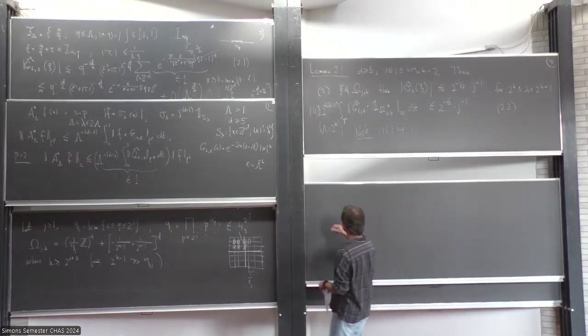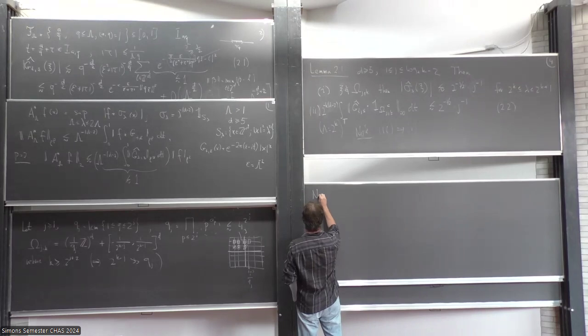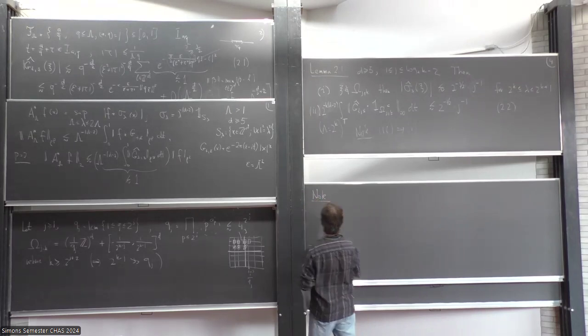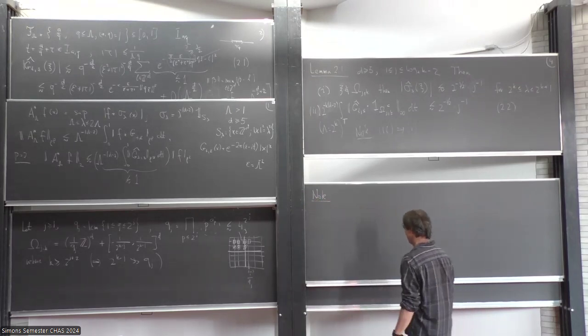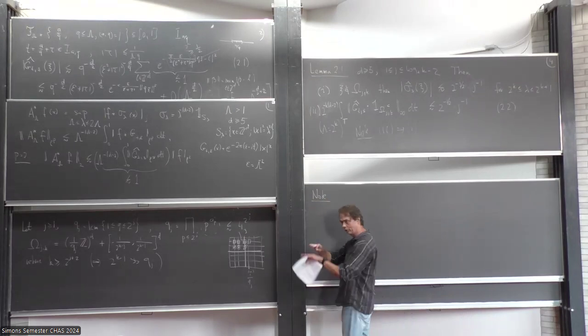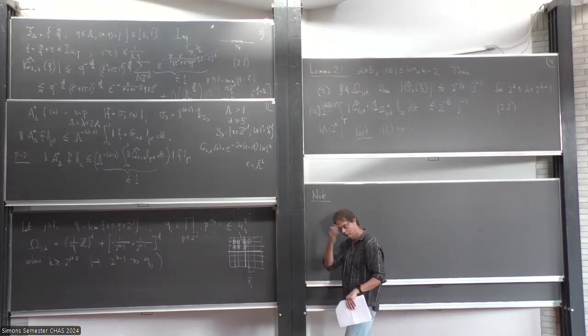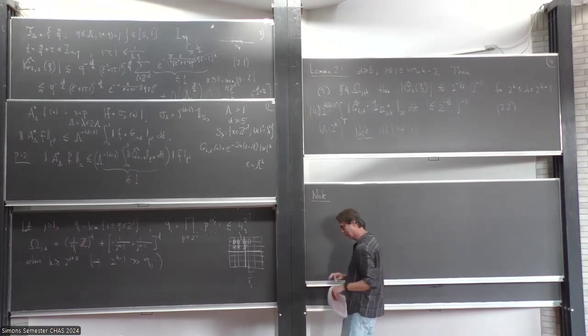So the corresponding thing in the Euclidean case: think of sigma as just a normalized surface area measure on the sphere of radius lambda.